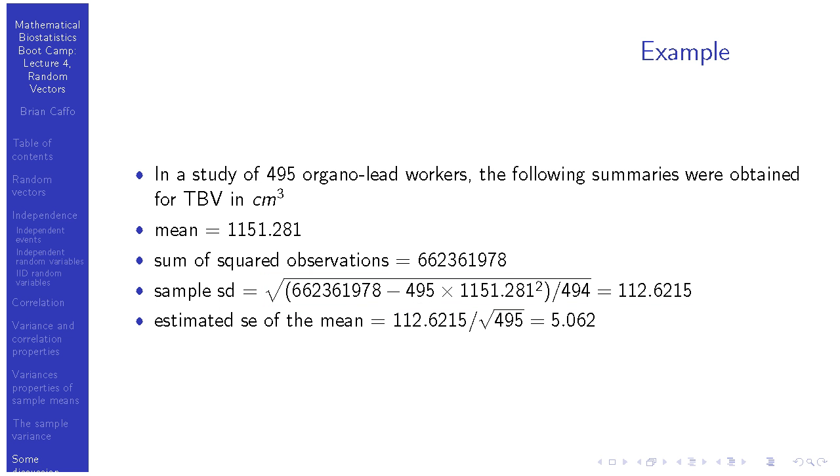So what does 112 describe? 112 describes the variation of the population of brain volumes of organo-lead workers.